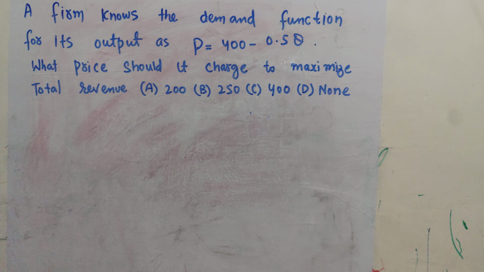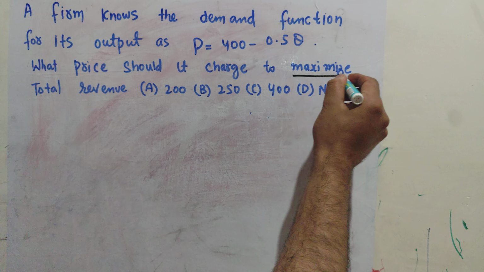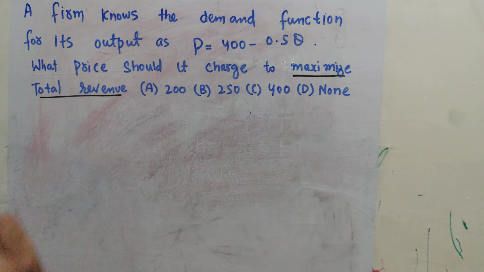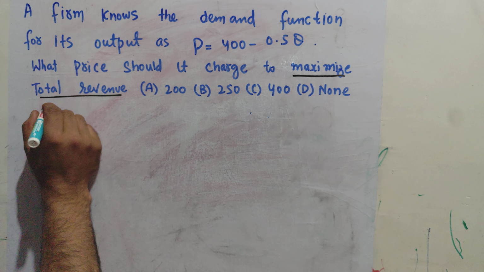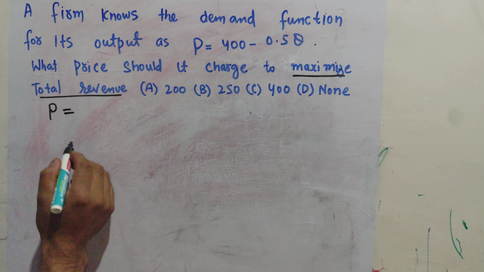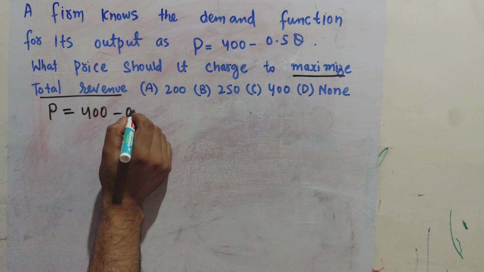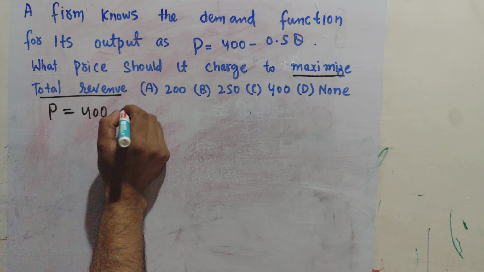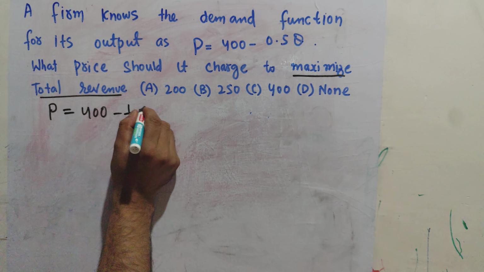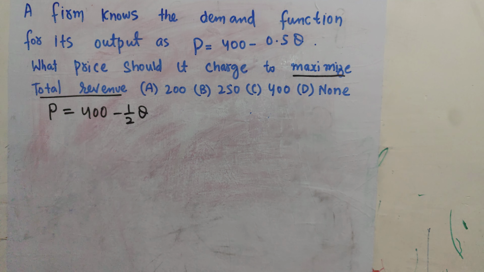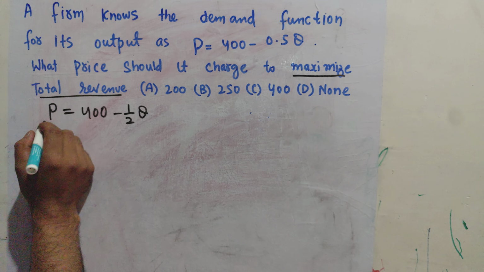So we have to maximize total revenue. Given the demand function, this is the inverse demand function, P is equal to 400 minus 0.5Q. Can we write 0.5 as 1 upon 2? So this is our inverse demand function. Let's first find out the total revenue.